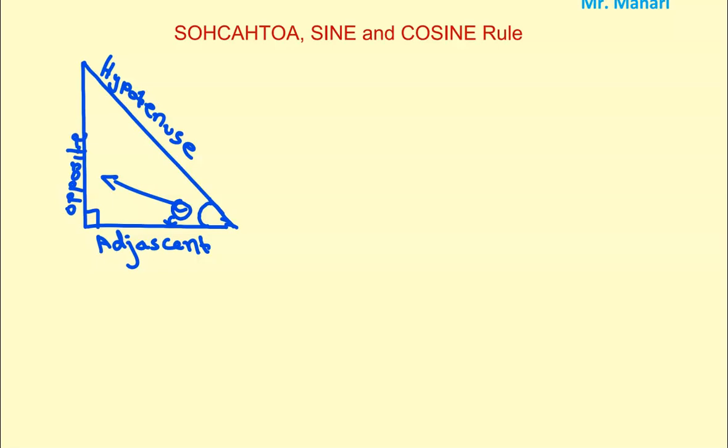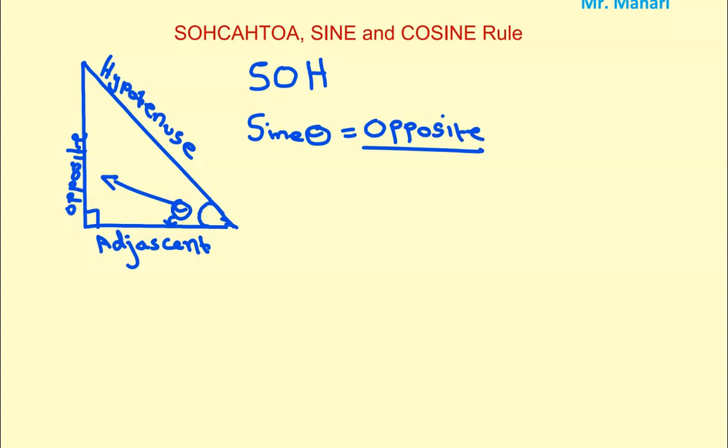So if you want to find this opposite, for this case, we have the sine rule. We have the soh, which means the sine of an angle theta is given by the opposite of that angle divided by the hypotenuse.